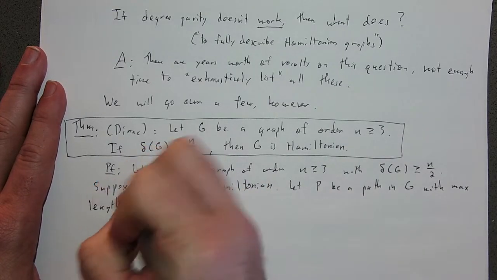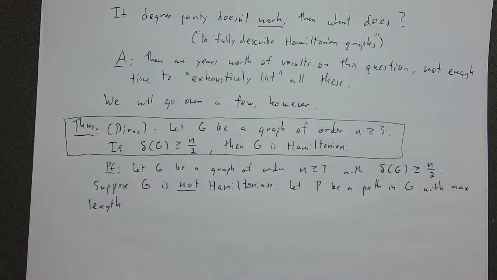G is, of course, a finite simple graph. We have no problem having a path with maximal length.